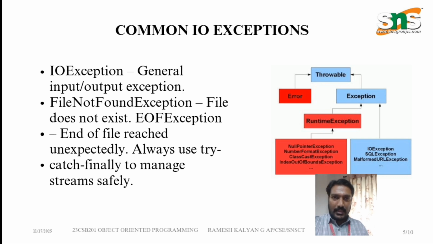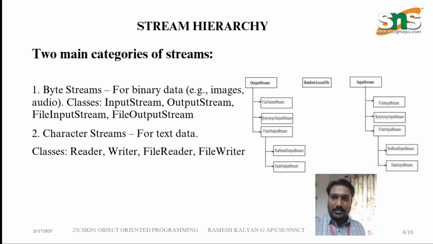This is the case where the file has reached its end and we are still looking for further information. In these cases we always use the try, catch and finally block. In previous videos we have seen the exception handling process. Similarly, we will be using try, catch and finally blocks when we are having these IO exceptions.